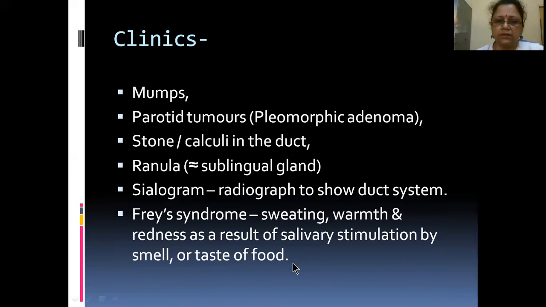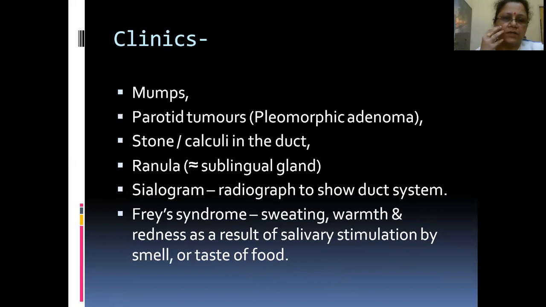Next, another clinical disease or syndrome you can say is called Frey syndrome. This is the scientist who found this out. And what happens in Frey syndrome? There will be sweating, warmth, and redness as a result of salivary stimulation by smell or taste of food. Sometimes I'll tell you this in detail in the therapy plan this class. So what happens?